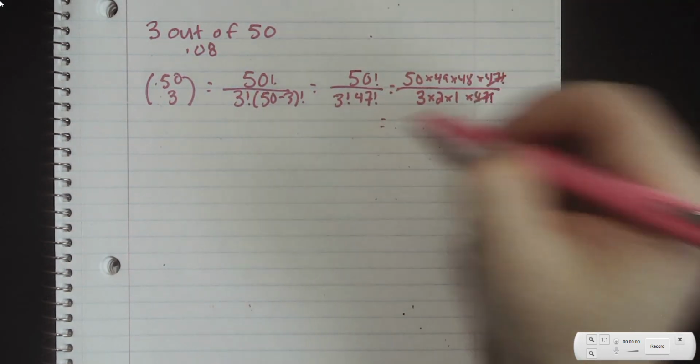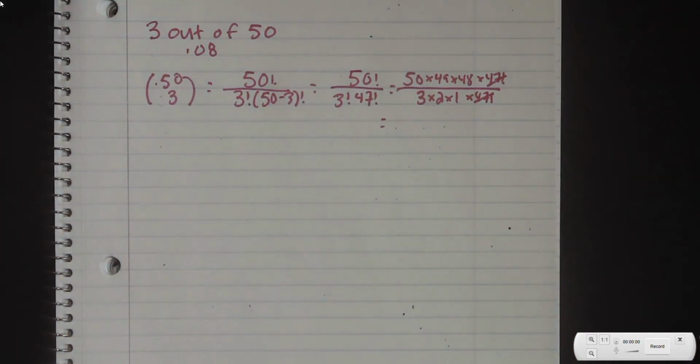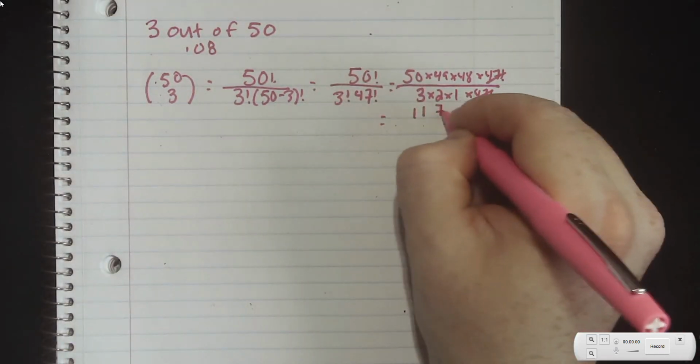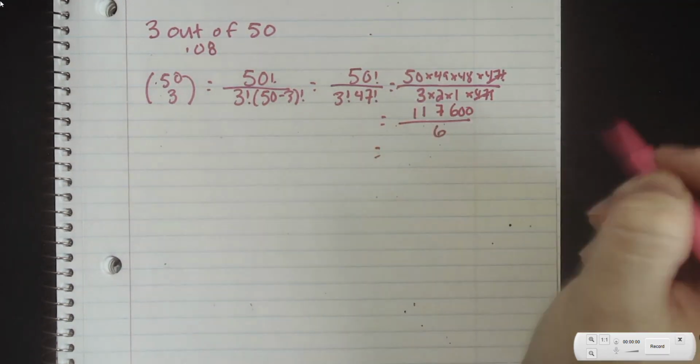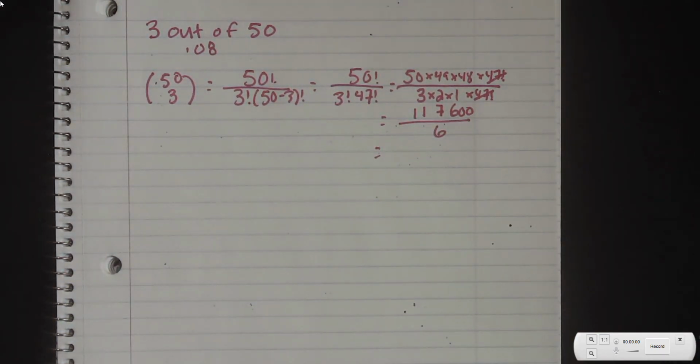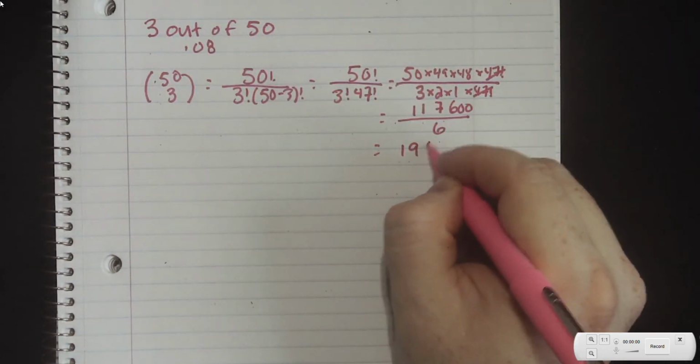Okie doke. So let's see, 50 times 49 times 48 is 117,600. 117,600 divided by 6 is 19,600.